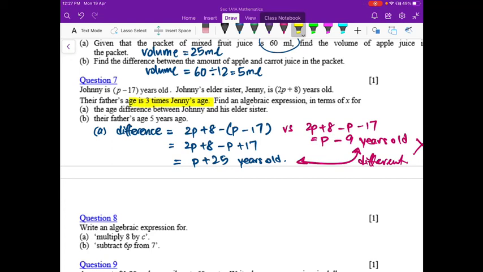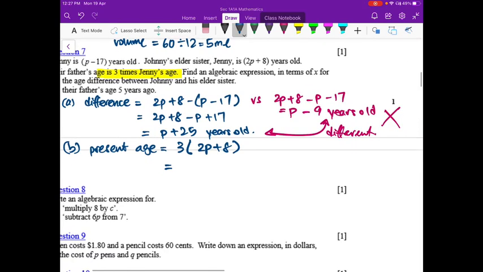No. Part B. The father's age is 3 times Jenny's age. 3 times of Jenny. Present age, 3 times of 2p plus 8. So how many 2p plus 8? How many?